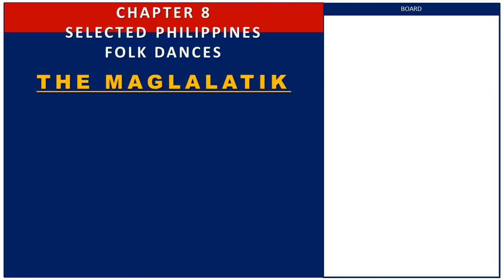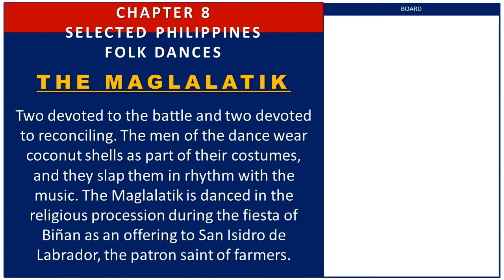Next is the Maglalatik. The Maglalatik is a mock war dance that depicts a fight over coconut meat, a highly prized food. The dance is broken into 4 parts, 2 devoted to the battle and 2 devoted to reconciling.